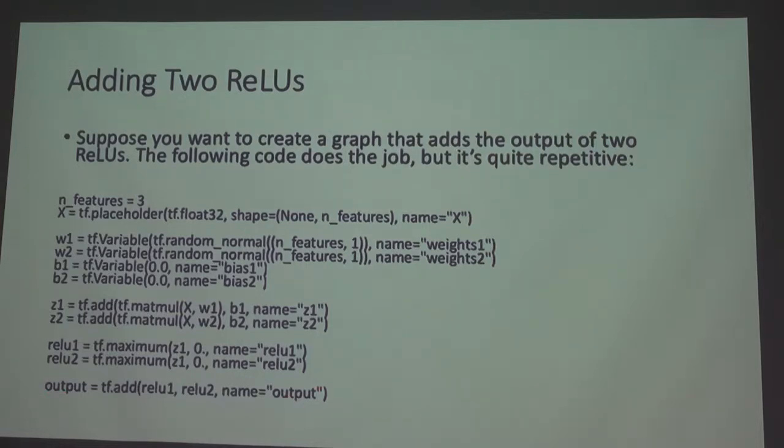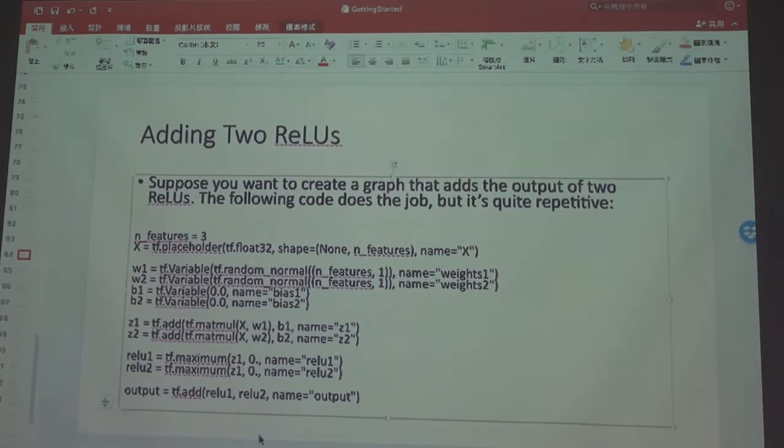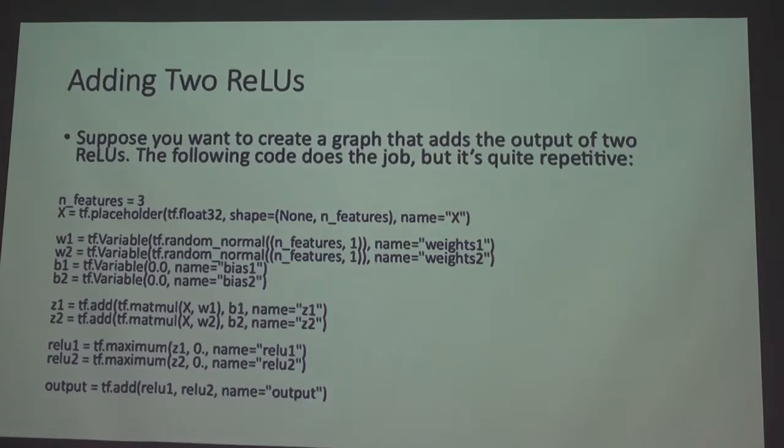That's it. Let me just make sure I correct that. I thought I had corrected that last time. So this is the code that computes 2 ReLUs and adds them up.